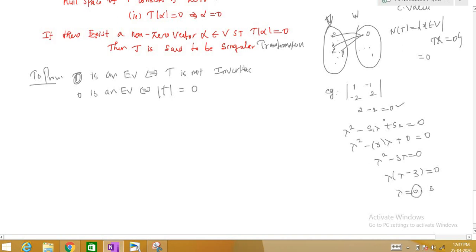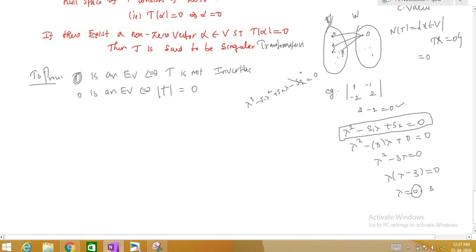Why? Because if there is no constant term in the characteristic polynomial, the constant term is the determinant, right? For example, if you consider a 3 cross 3 matrix, the characteristic polynomial will be lambda cube minus s1 lambda square plus s2 lambda minus s3 is equal to 0, where s1 is the trace, s2 is the sum of the minors of the diagonal elements, and s3 is the determinant again.